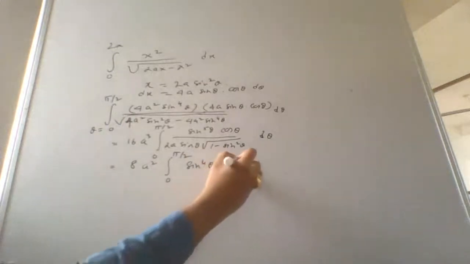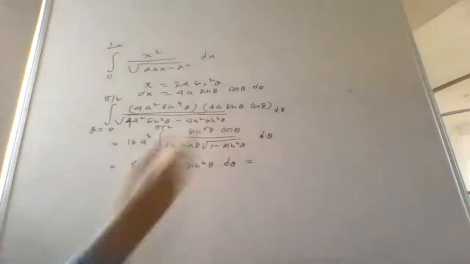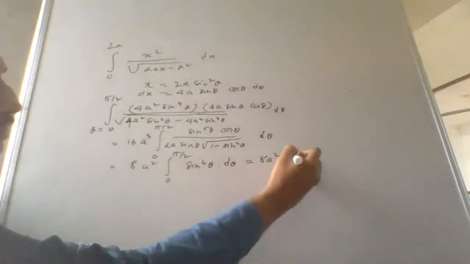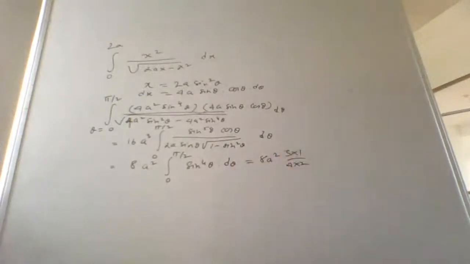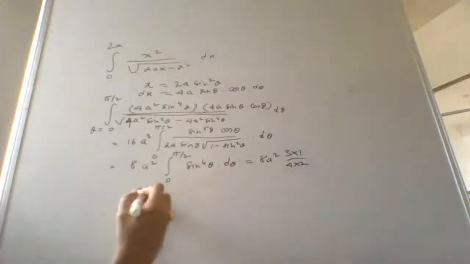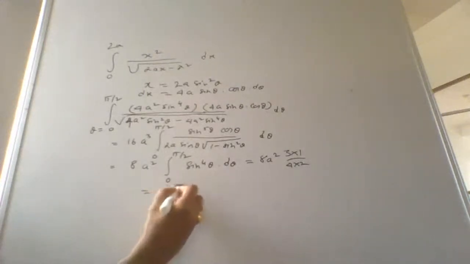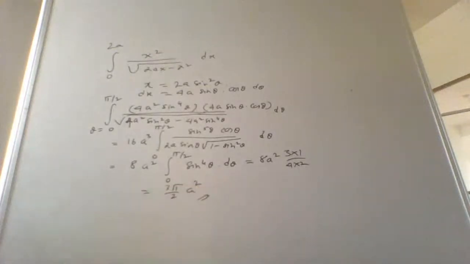Using the reduction formula, this is 8a square into 3 into 1 divided by 4 into 2. Further simplifying, I get the result as 3 pi by 2 a square. So that will be the solution.